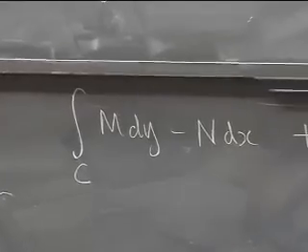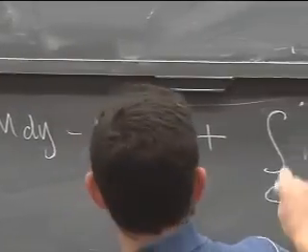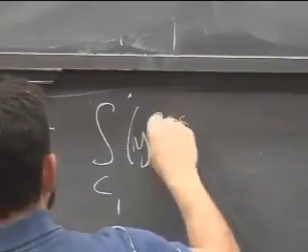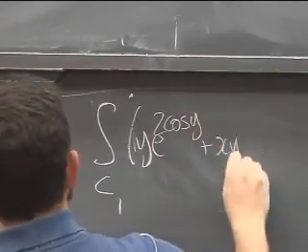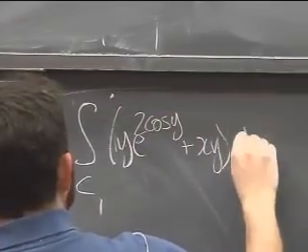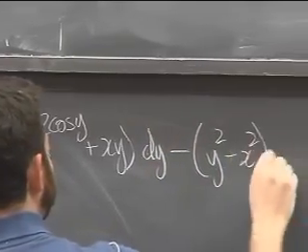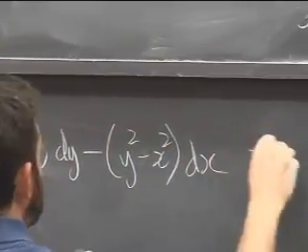And here I'd better write it out. What was M? y e to the cosine y plus xy dy minus y squared minus x squared dx. We've seen that equals 2.